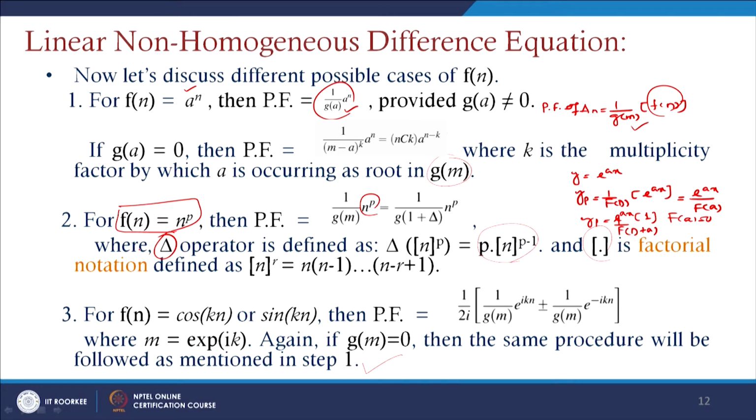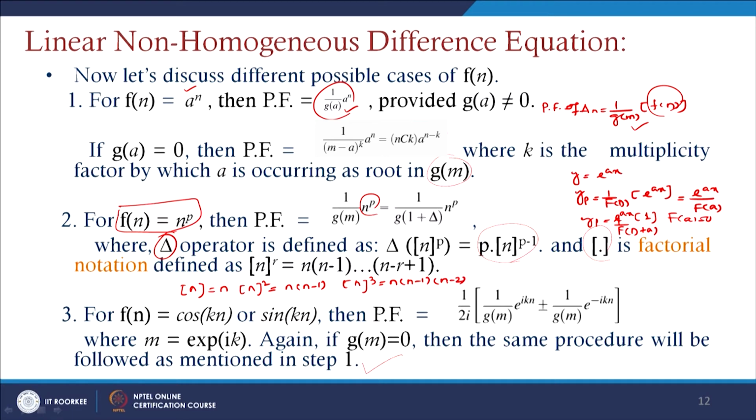This bracketed function is defined in the form of bracketed n, which takes the value n here. And if we take the bracketed function of n square, it takes the value n into n minus 1. If you take the bracketed function of n cube, it can be written as n into n minus 1 into n minus 2.